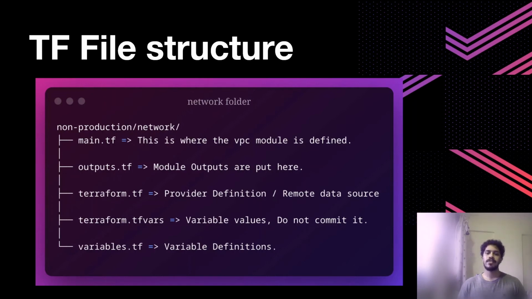So terraform.tfvars is a file that you do not have to check into your GitHub repository. It will be a file that you use during runtime, so it can be stored somewhere else. So yeah, this is about the file.